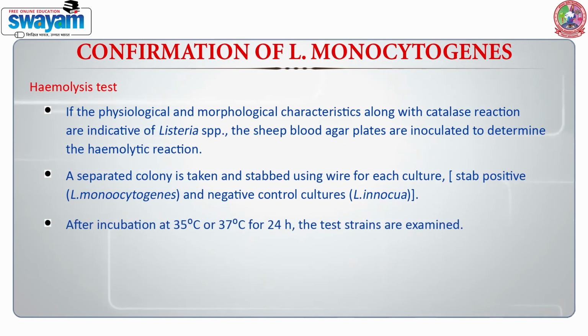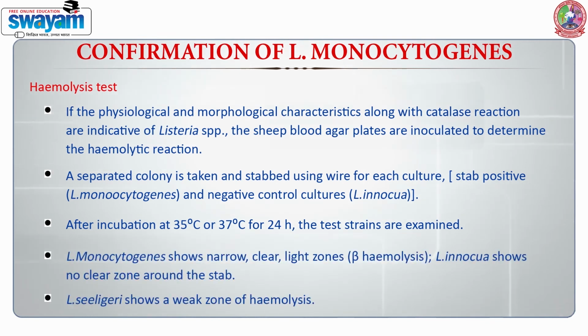After incubation at 35 to 37 degrees Celsius for 24 hours, the test strains are examined. Listeria monocytogenes shows a narrow clear light zone, also called beta hemolysis, and Listeria innocua shows no clear zone around the stab.